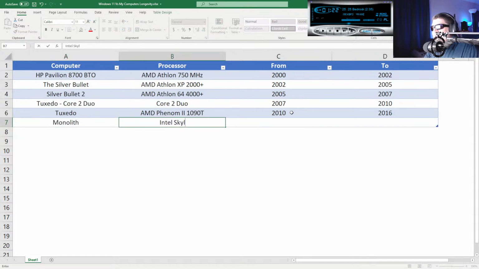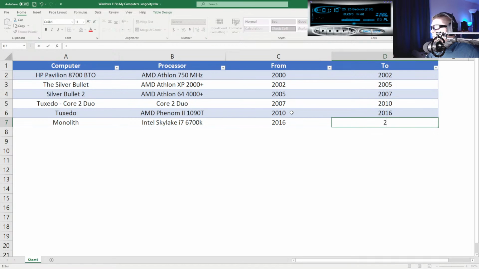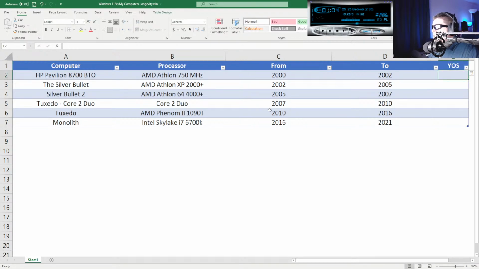Intel Skylake i7 6700K is from 2016 to present day. So we'll just put it in 2021, assuming that I ditched it in order to build something new. Years of service, like it's, yeah.